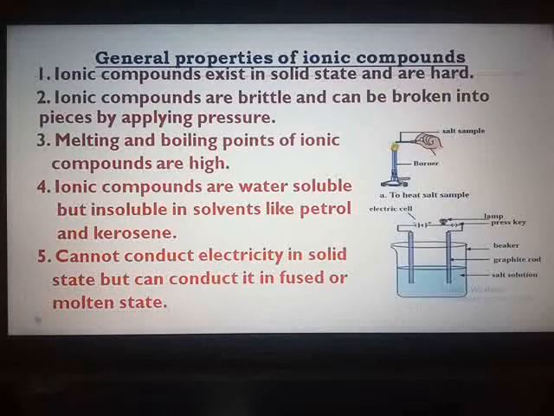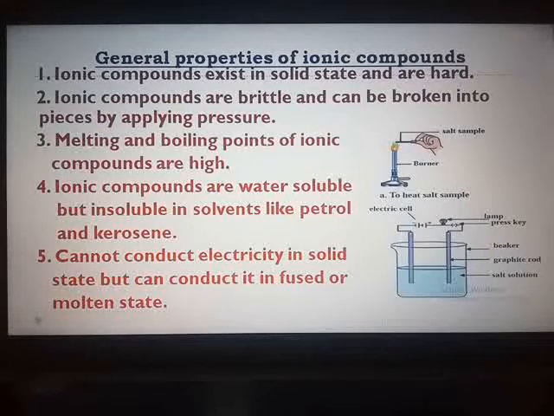On passing current through the solution, the ions move to the oppositely charged electrodes, the positively and negatively charged electrodes, cathode and anode. Due to this electrical conductivity in fused and dissolved state, ionic compounds are also called electrolytes. So here we end with the properties and the explanation of ionic compounds.